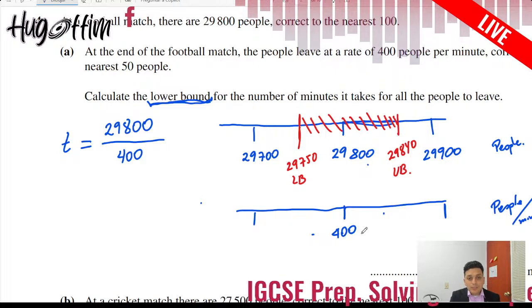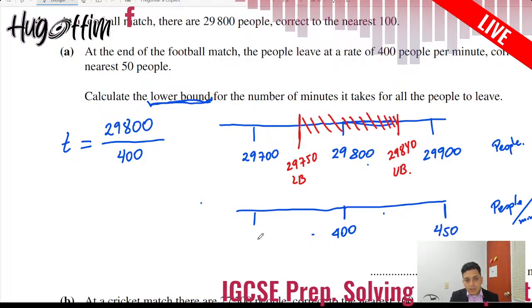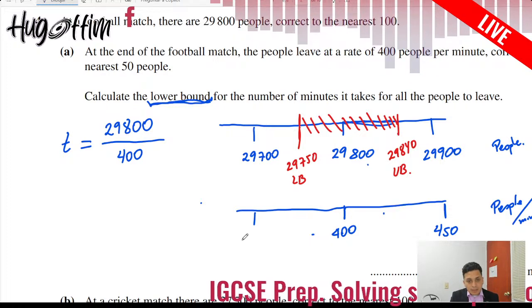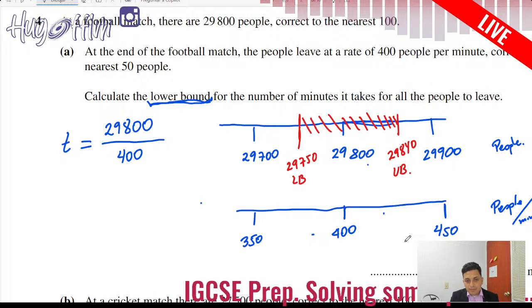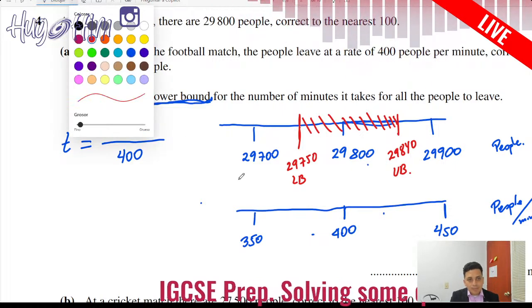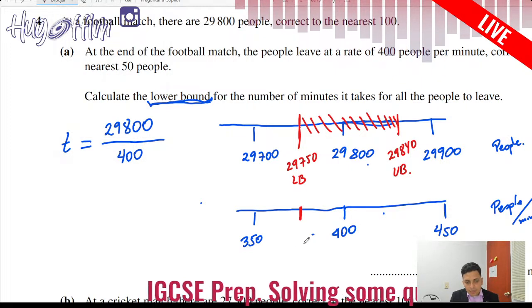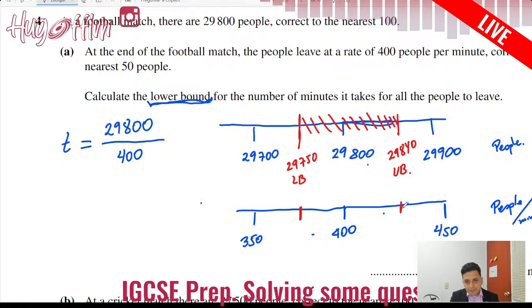Corrected to the nearest 50 means that in my ruler one side is 450 and on the other side is 350. This is corrected to the nearest 50. So my lower bound is going to be the number here, and my upper bound is the number here.